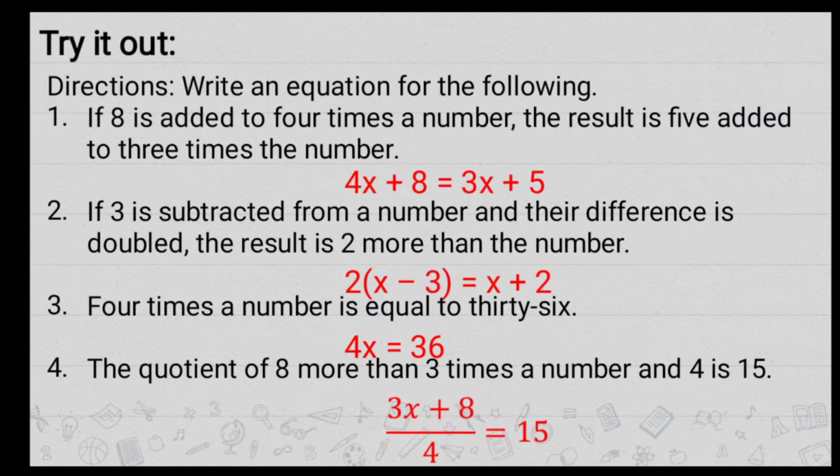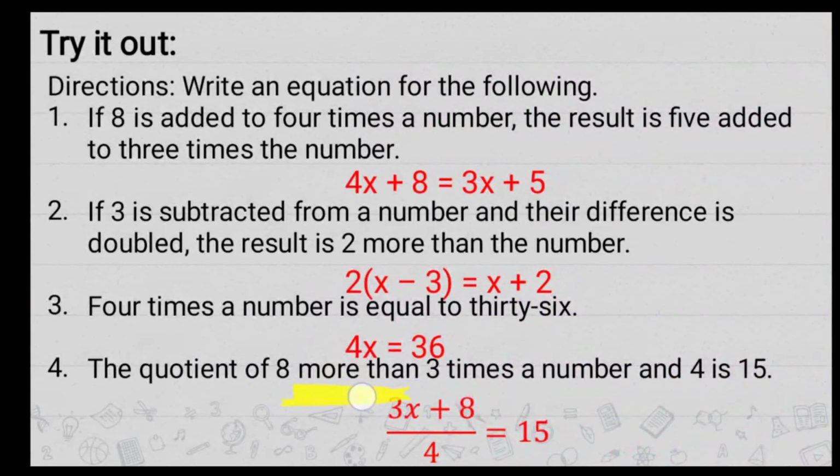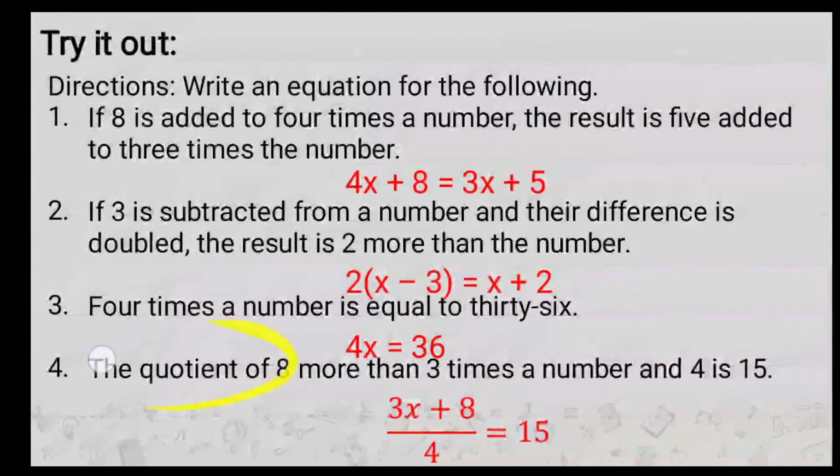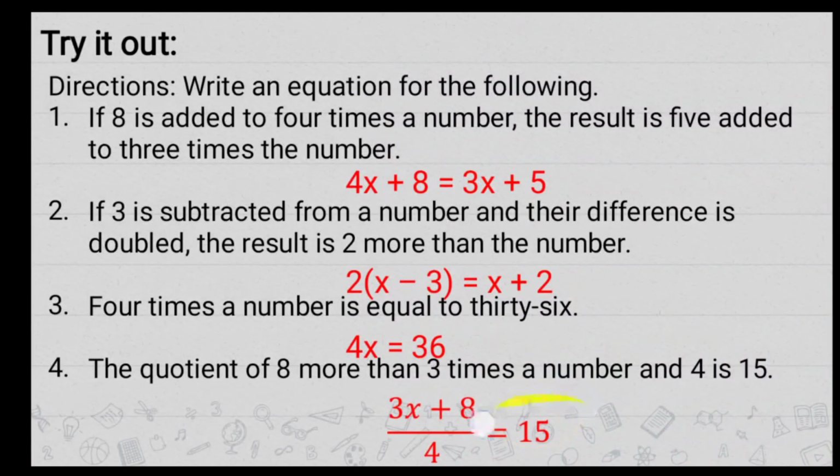The quotient of 8 more than 3 times a number, that is 3x plus 8. 3 times a number, 3x. 8 more than means we have to interchange 3x and 8. That's why we have 3x plus 8. And because of this quotient, we have to divide by 4, equals 15. Therefore, we have 3x plus 8 divided by 4 is equal to 15.